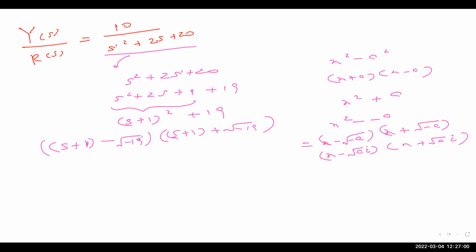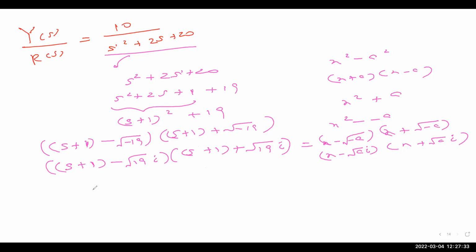So this is basically 19 times minus 1, so we get square root 19, and the square root of minus 1 as i. We can write this as s plus 1 minus square root of 19 i and s plus 1 plus square root of 19 i. So this is basically its poles, right?